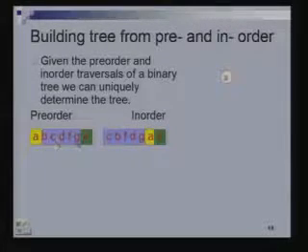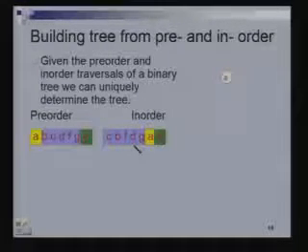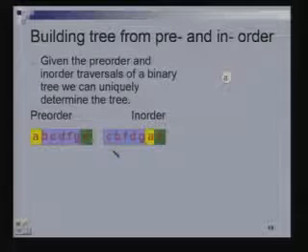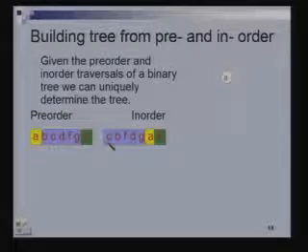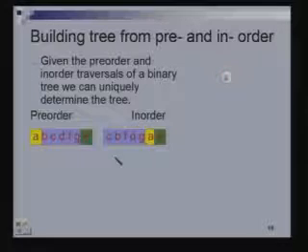So in essence, I have managed to identify what the left and the right subtrees are, and I know their pre-order and in-order traversals. So I can use recursion now.